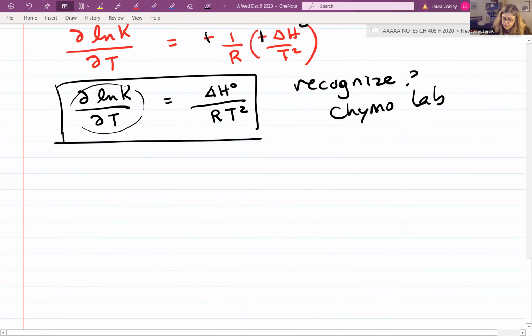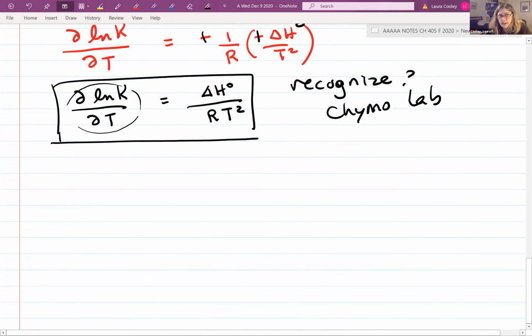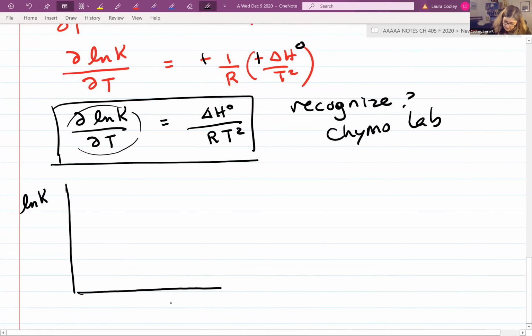Okay, so we're interested in how the equilibrium constant changes with temperature. Well, as K increases, the log of K increases. As K decreases, the log of K decreases. So I can plot the log of K versus T, and I could look at the slope of this thing, right?